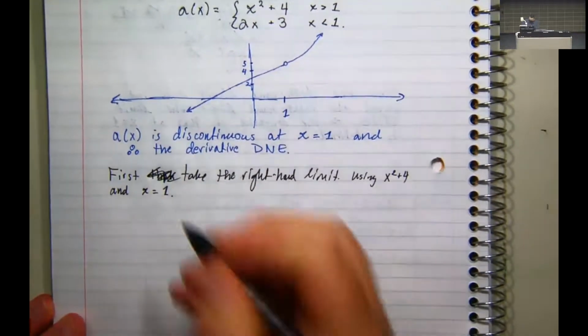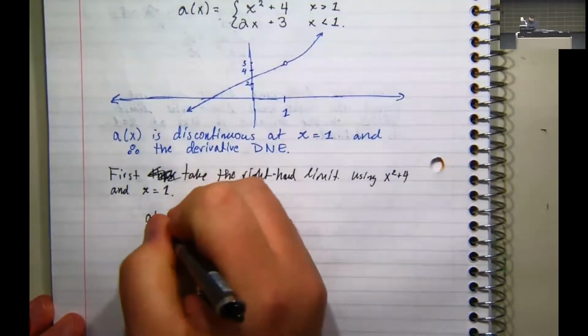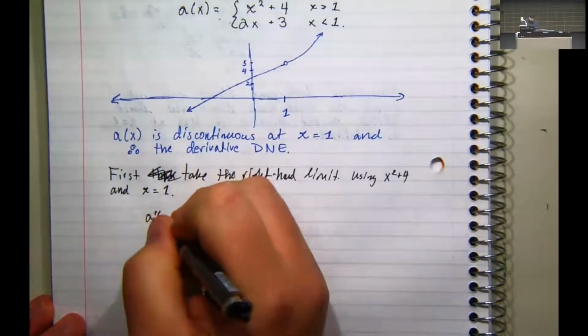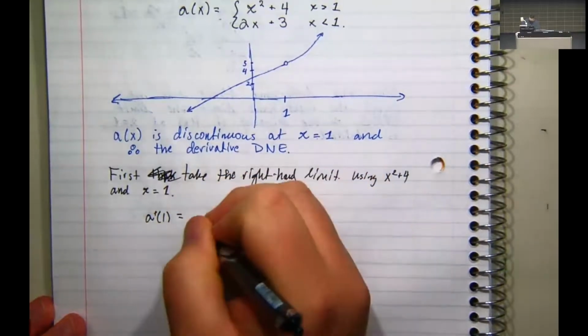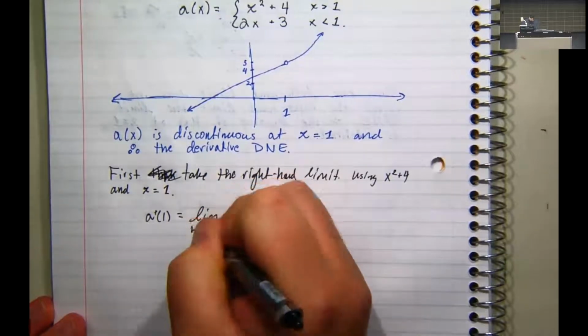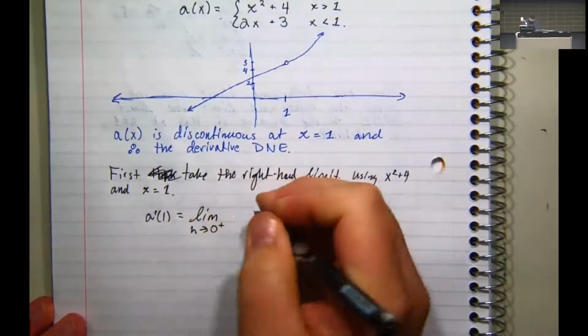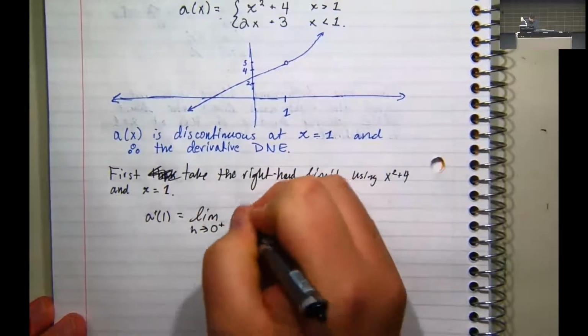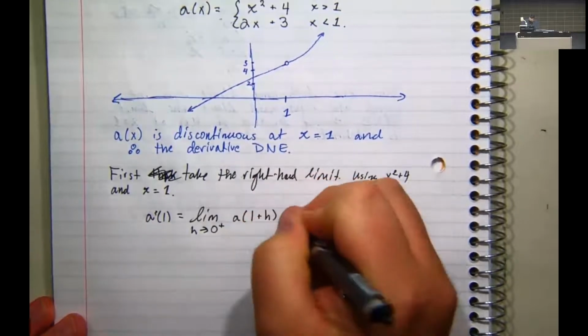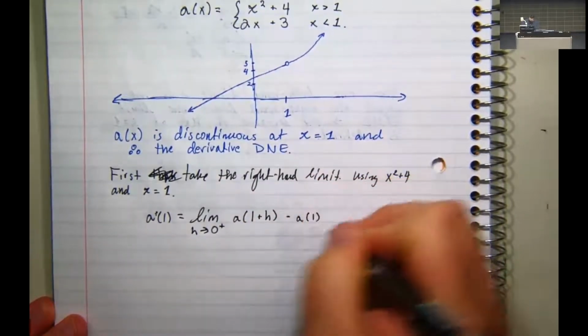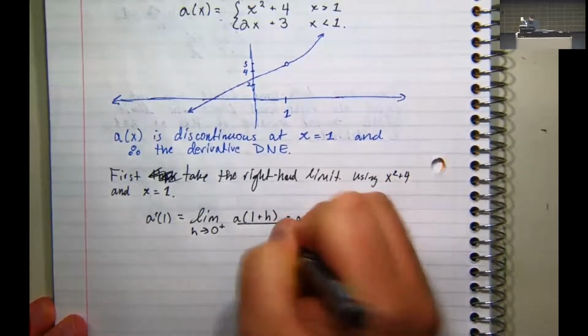So a prime at 1 is equal to the limit as h approaches 0 from the positive of a(1 plus h) minus a(1) all over h.